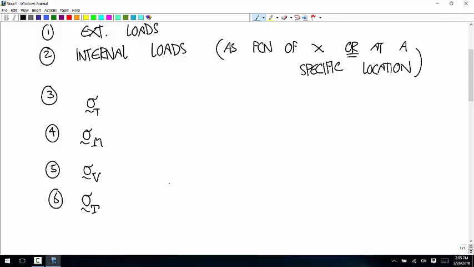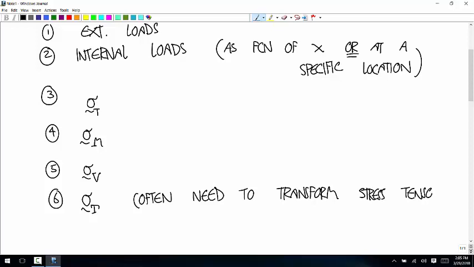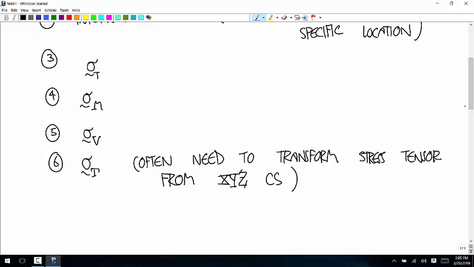And this is the one where often you'll need to transform your stress tensor from some temporary coordinate system, the one I usually call capital X, Y, Z. And then your total stress is just the sum of those.